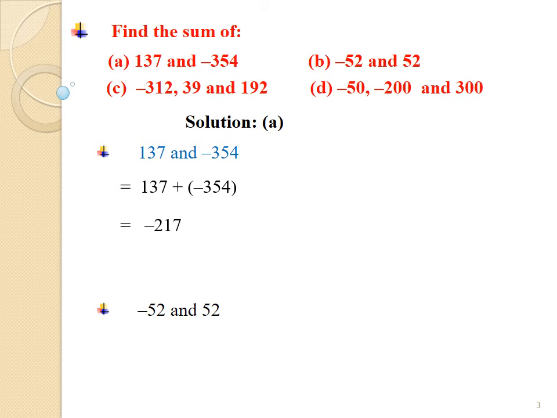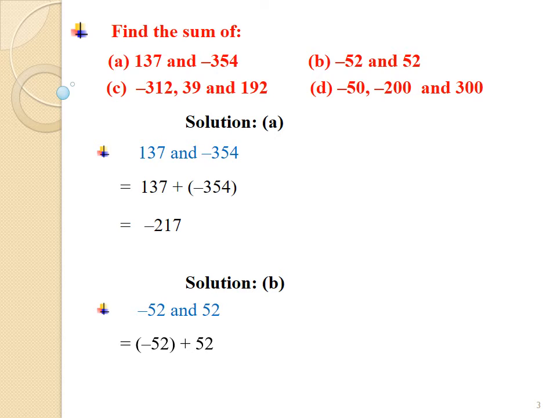Now, sum B, minus 52 and 52 equals minus 52 plus 52. Students, let us subtract 52 from 52, as both the integers have different signs.